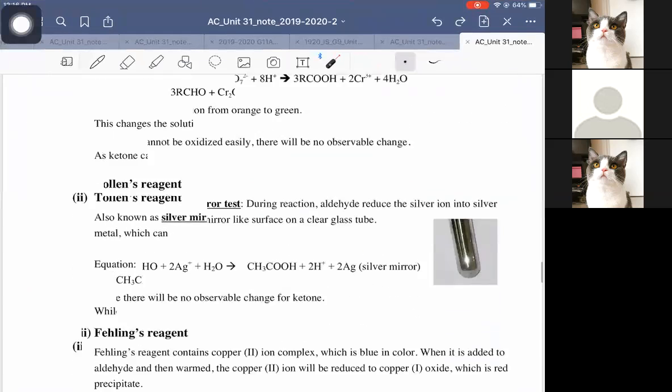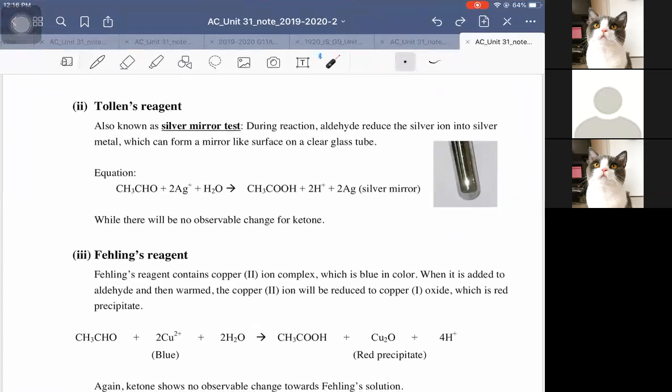Maybe I quickly go through the next two as well. And then we got the Tollens reagent. Okay. Also, sometimes it's just referred to as the silver mirror test. So on the right-hand side, you can see the expected observation. It formed a shining silvery surface on the test tube. So that's why it is called the silver mirror test.